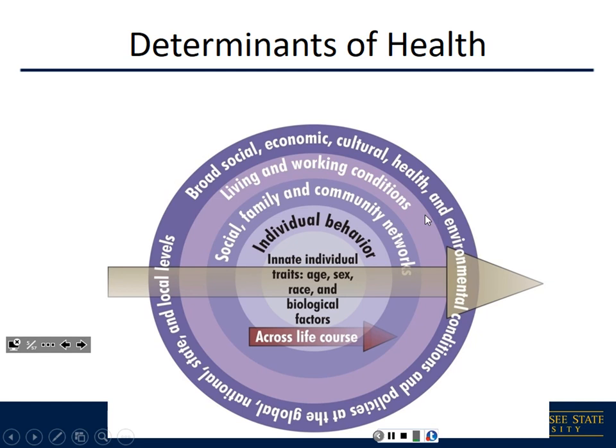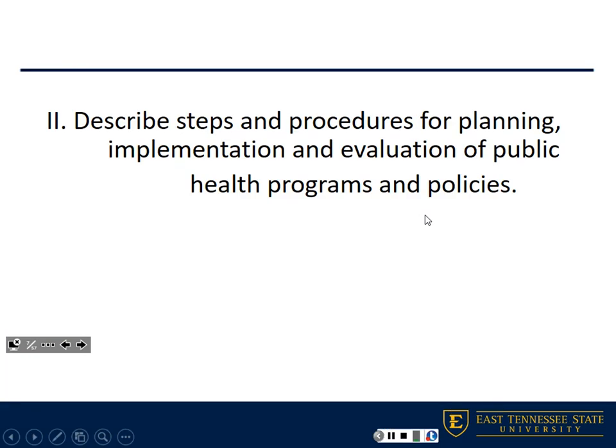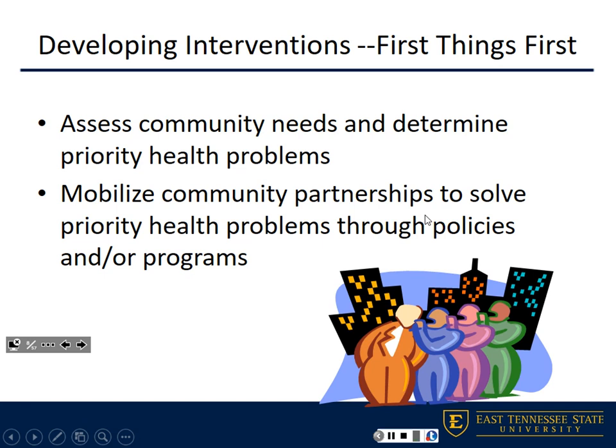So multi-level interventions addressing socioeconomic factors, environmental factors, and behaviors will be most effective. We looked at the Healthy People 2020 framework for developing, again, multi-level interventions and objectives. And then we moved on to our second objective, again, for this module, which is the program planning, implementation, and evaluation cycle.